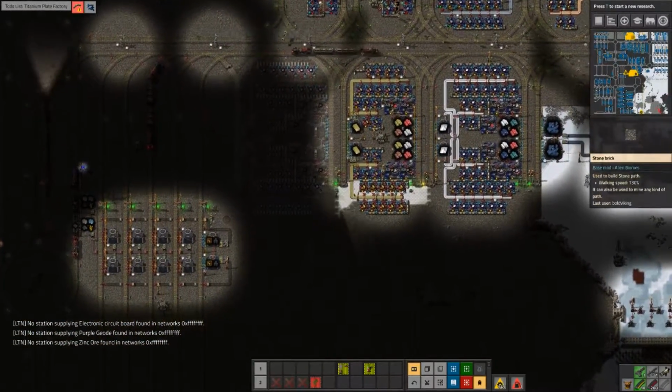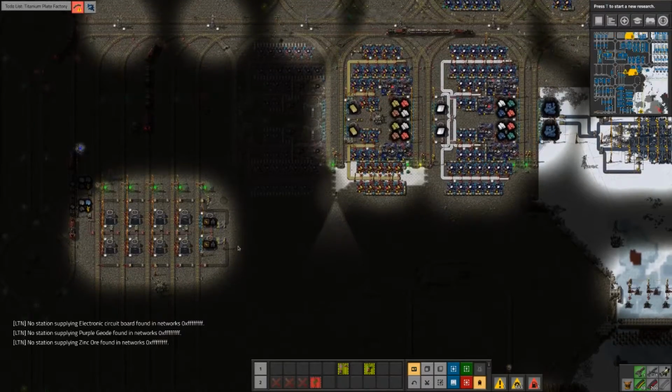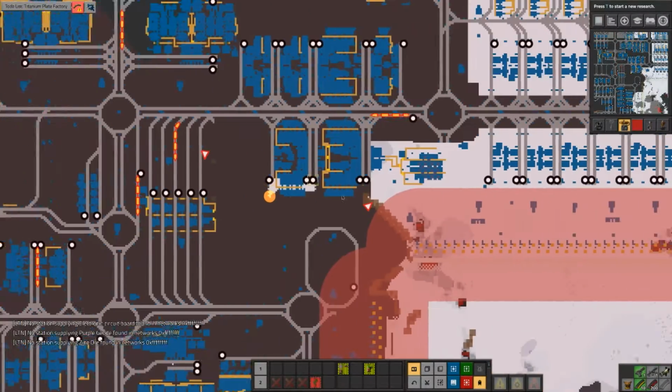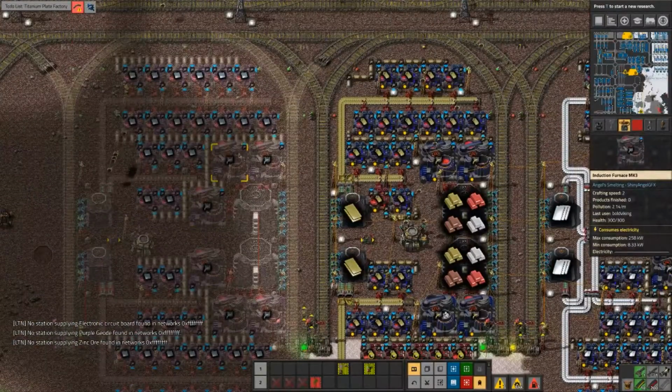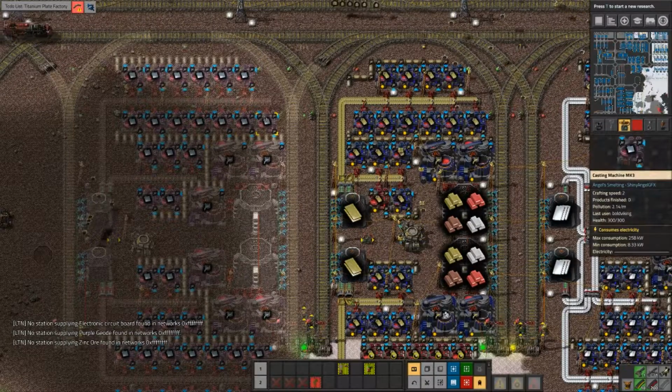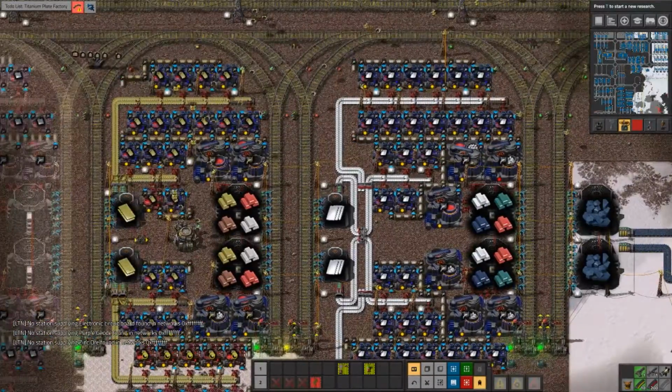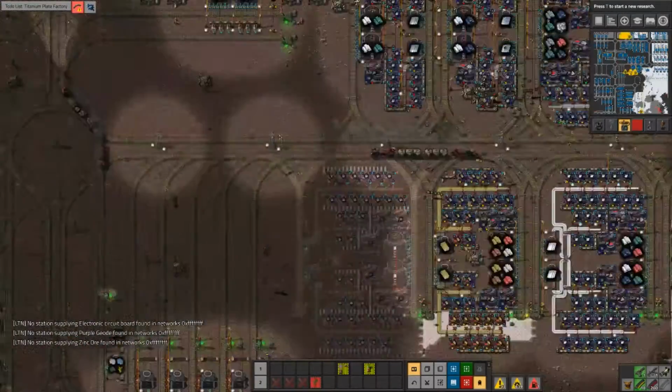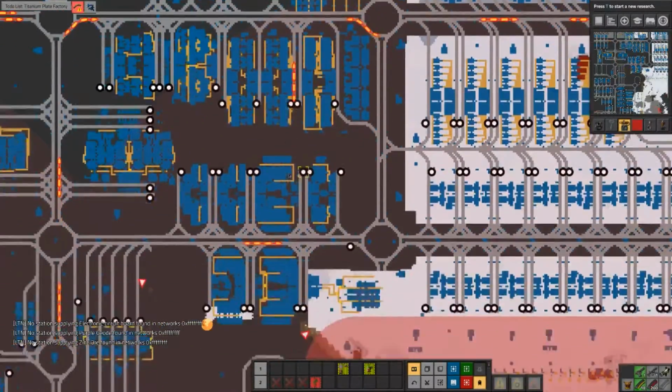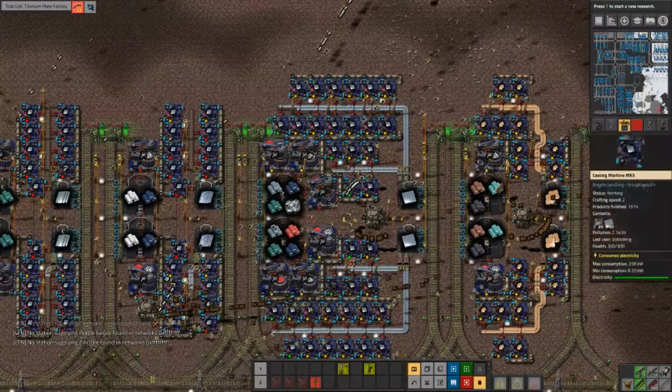Now, we could make these drive-through stations. I don't think that would be necessary for now. Maybe at a later date. Maybe at some time later I will be remaking these.